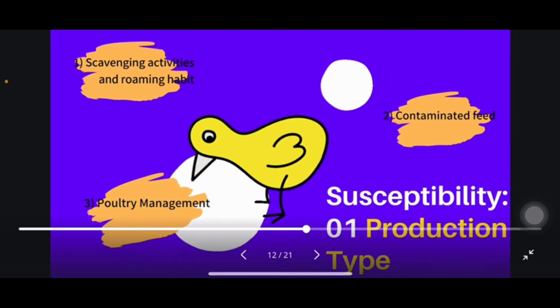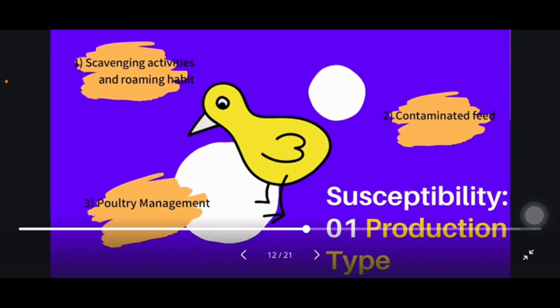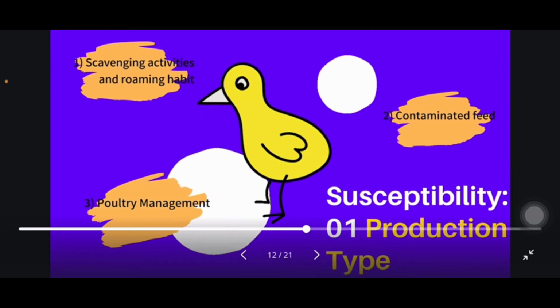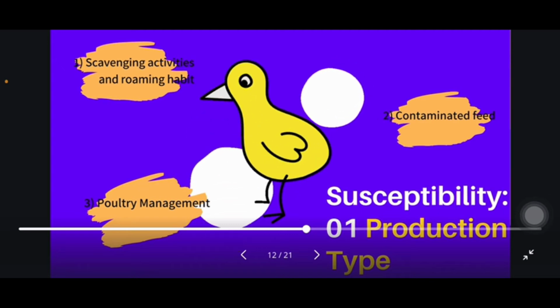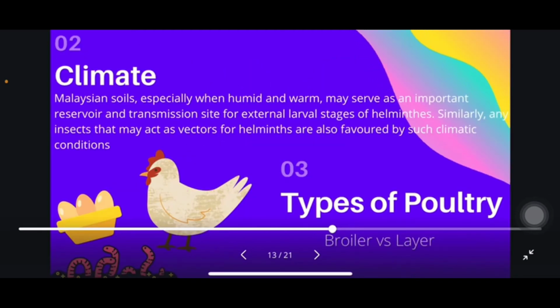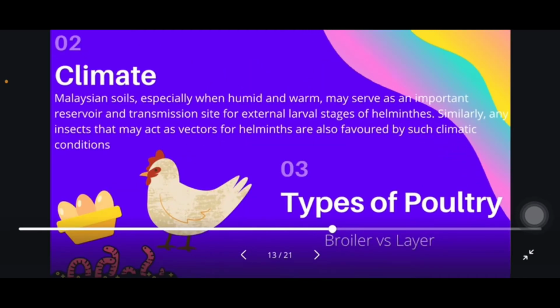Moving on to susceptibility, production type is one of the factors that influence this problem. Scavenging activities, contaminated feed and poultry management are crucial reasons why free-range chickens are more susceptible to helminth infection. The next factor is climate.